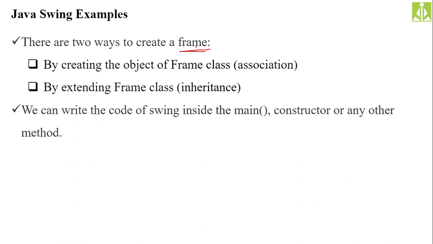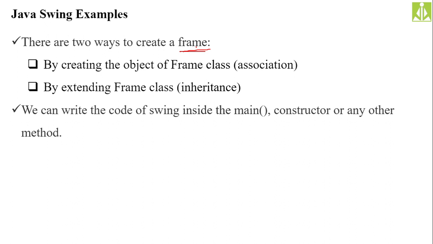So creating the container is the first job whenever you go for a GUI based application in Java. That container can be a panel, a dialog box, a frame, or a window; we have different things. Most of the time we go with frames only, because they are capable of adopting anything.